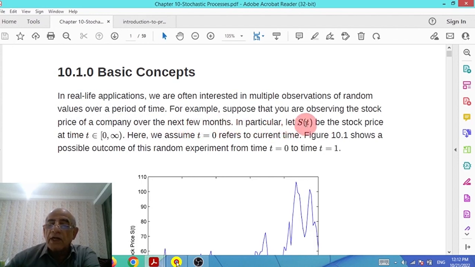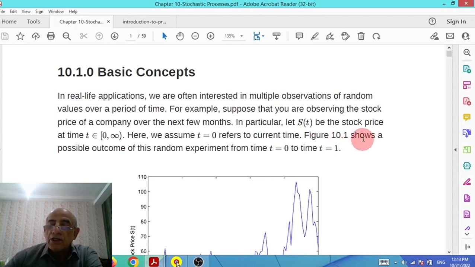In particular, let S(t) be the stock price at time t. Here t is a number in this interval, and we assume t equal to 0 refers to the current time, at the beginning.